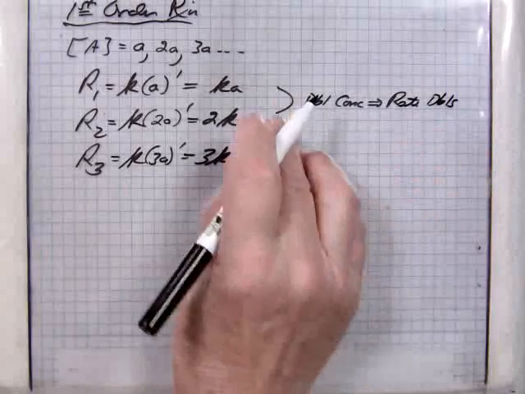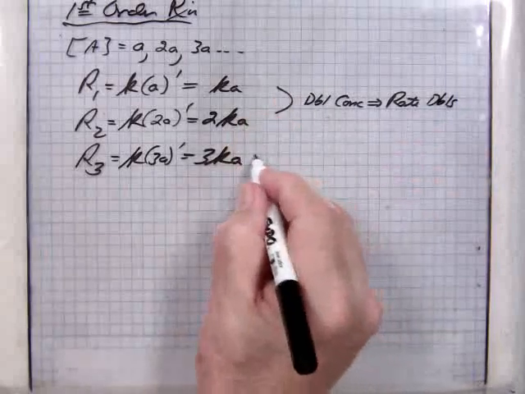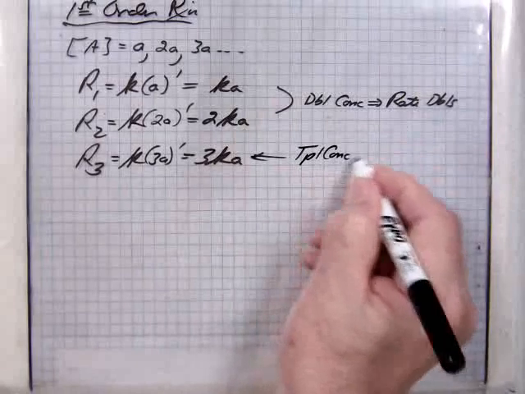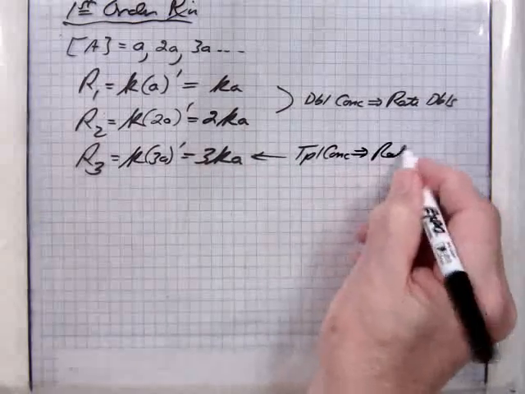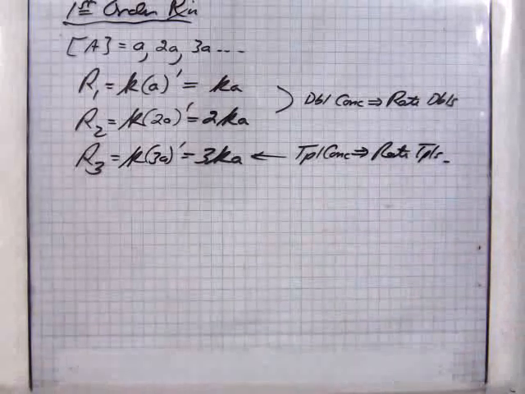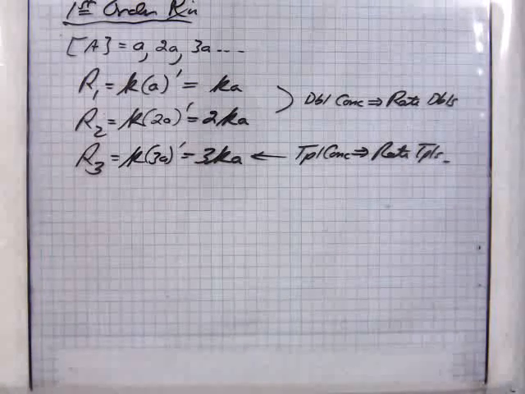If you triple concentration, rate triples. So this is kind of what we call a one-to-one change. Double concentration, double rate, triple concentration, triple rate, and so forth.